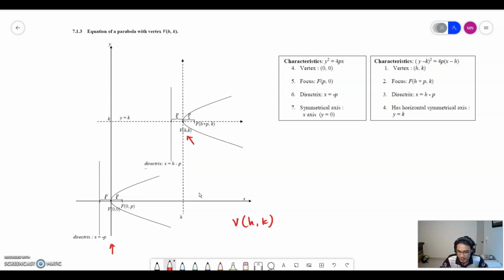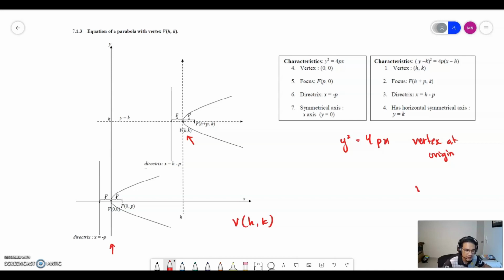So what it does to the equation of the parabola is that it will change the y and the x components. The initial equation of the parabola is y squared equals 4px, where the vertex is at the origin.